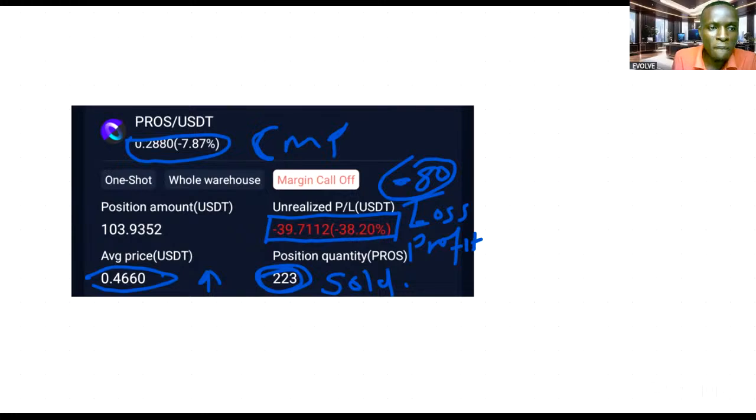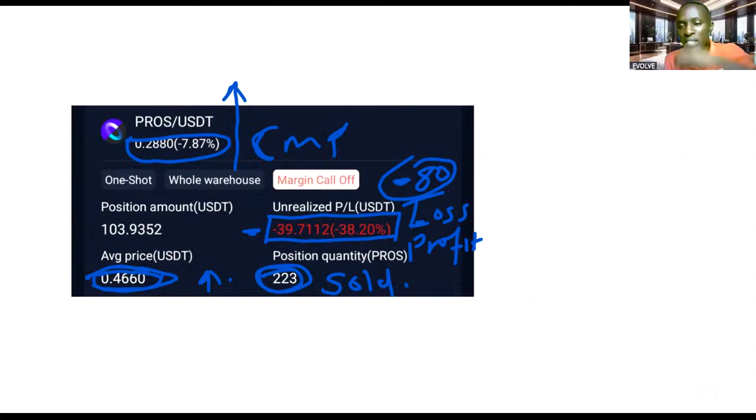So the first thing to ensure that we don't have a big negative is that our average price is not so much higher than the current market price. Are we together?